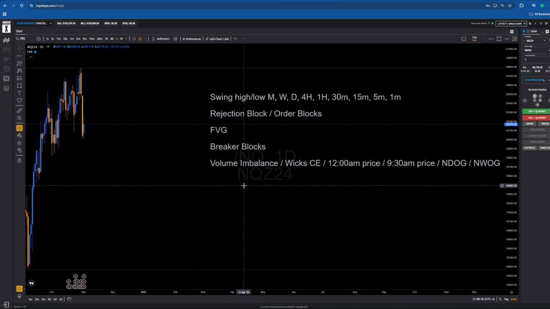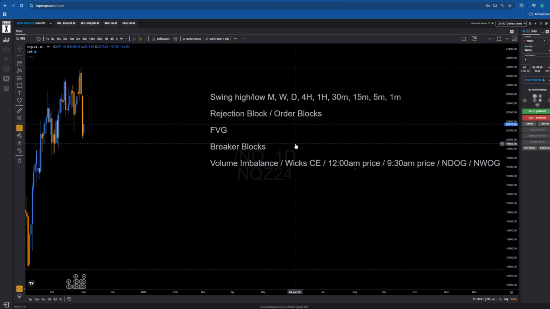So those are the high level ICT concepts which I typically like to trade. There are a few more, but I don't base my entries on those, like the mitigation block and others.